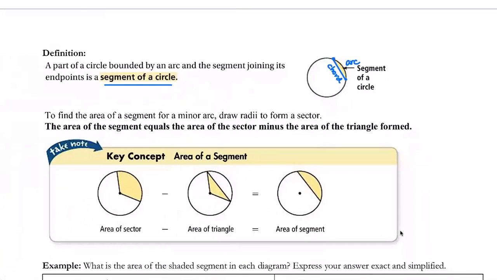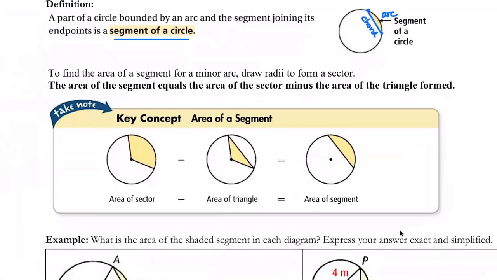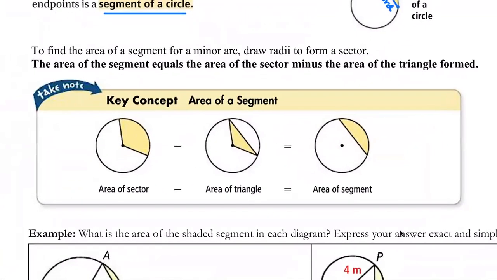So when we want to figure out the area of a segment, we're going to think of it as a sector that we've removed a triangle from. If we're trying to find this area over here, we're going to figure out the area of the sector.